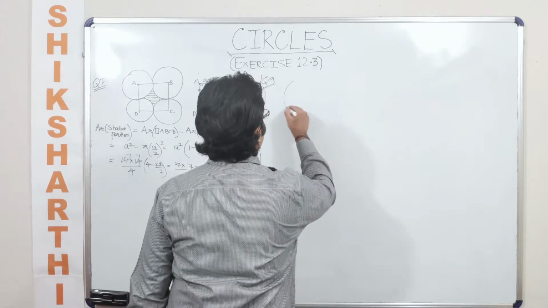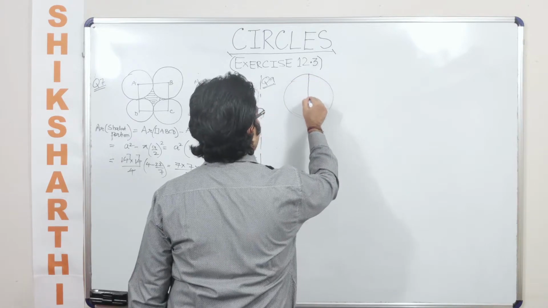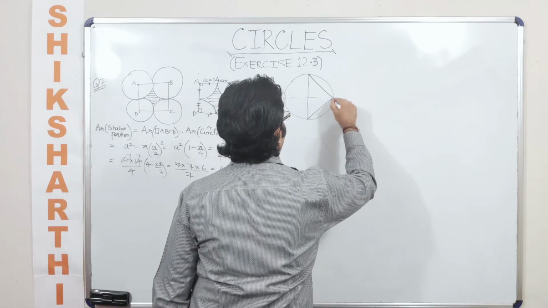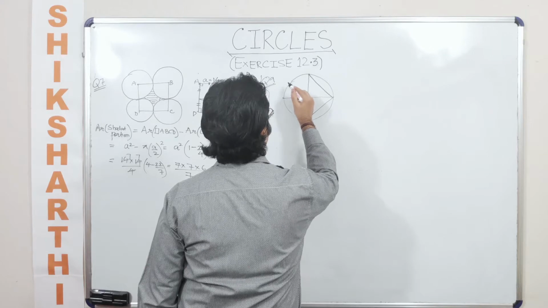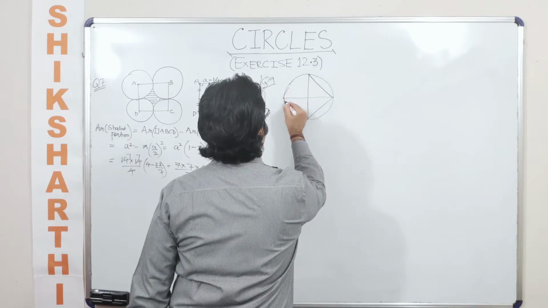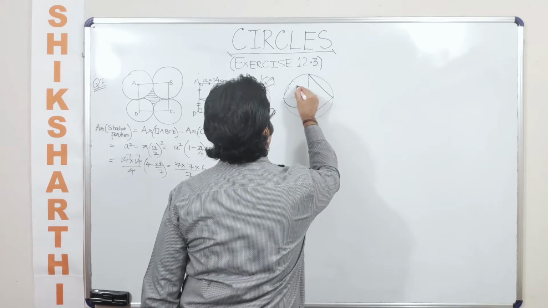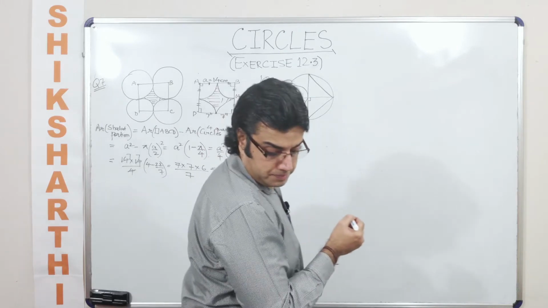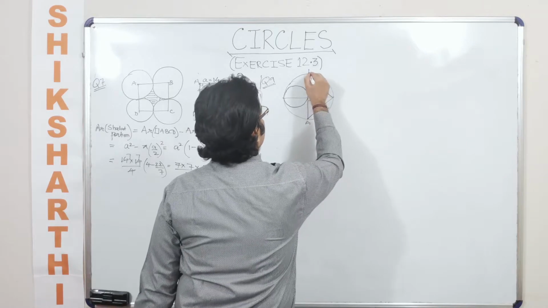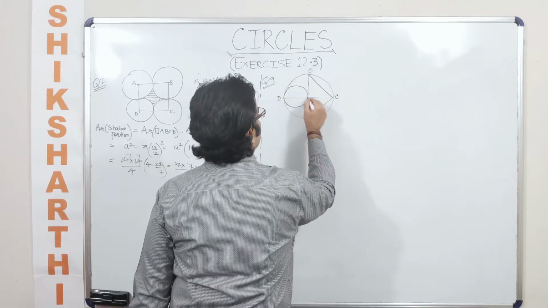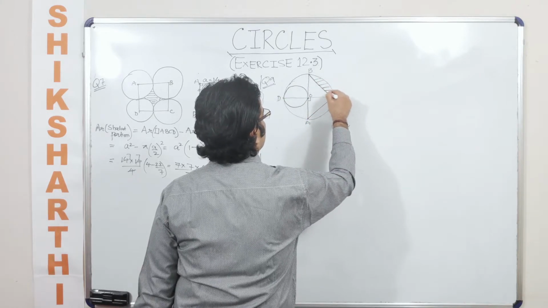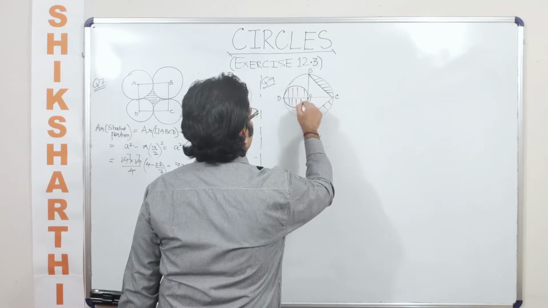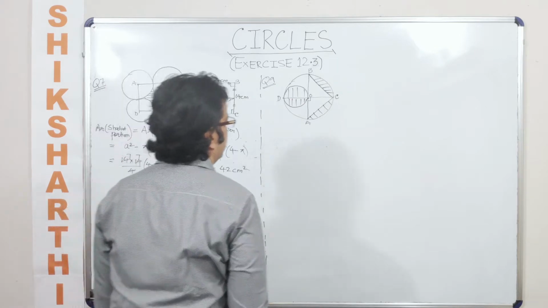Okay, let me first draw the diagram. Now we have to find out the area of the shaded portion.